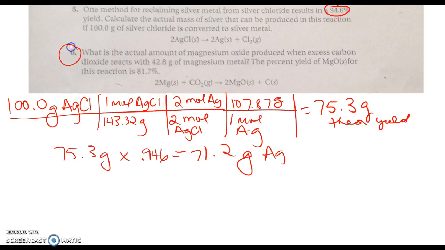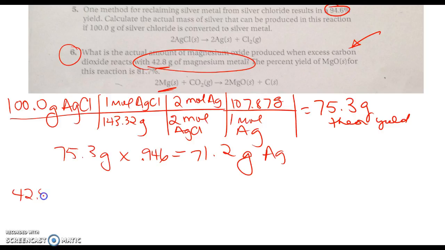All right, 6. It wants to know how much magnesium oxide we will produce if we have excess carbon dioxide and so much magnesium. Excess, all that means is I have enough carbon dioxide such that every bit of my magnesium metal will be used up.